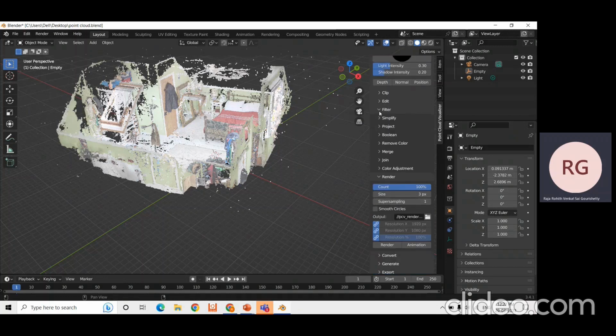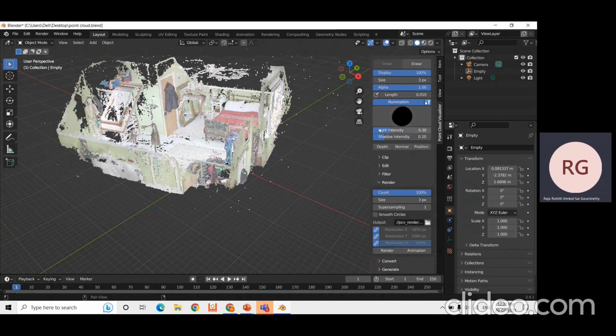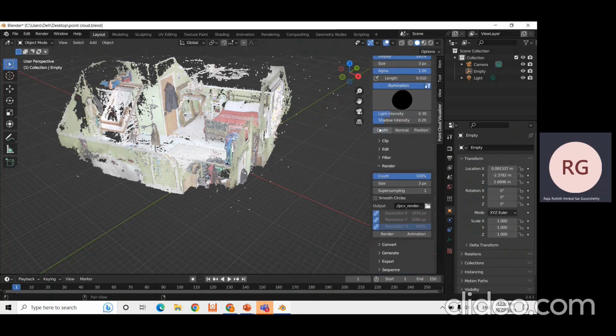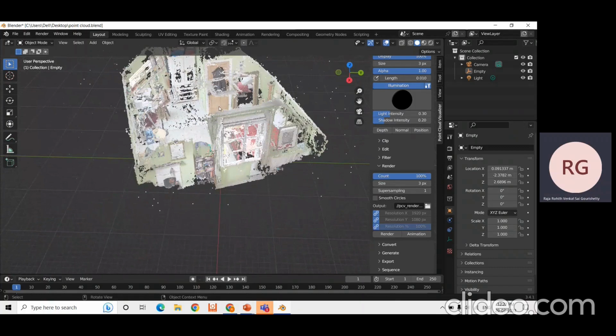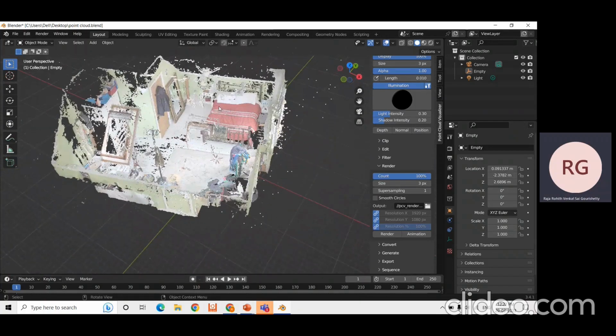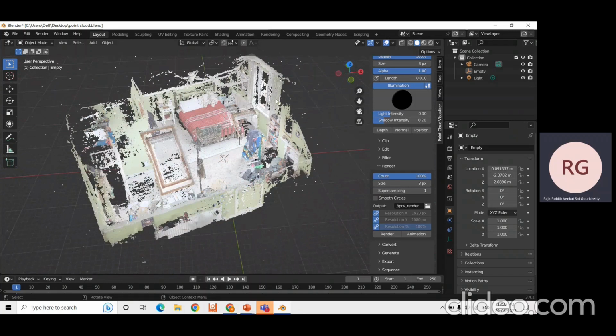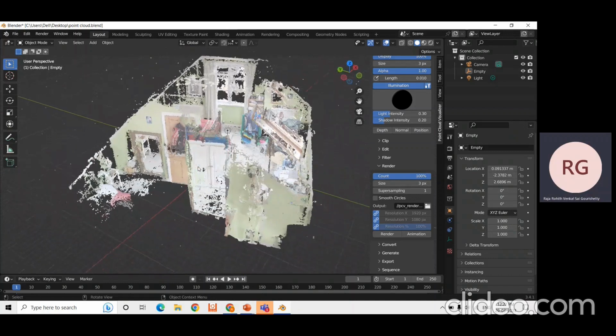We can even filter out different parameters using it, and we can render a part of it and use it in different places. While rendering, instead of rendering the whole 3D model, we can also render part of the model based on the requirement. And this is the basic 3D point cloud visualization. And thank you.